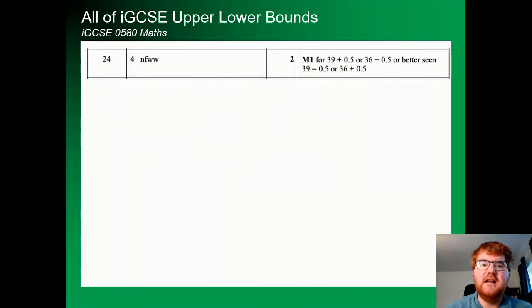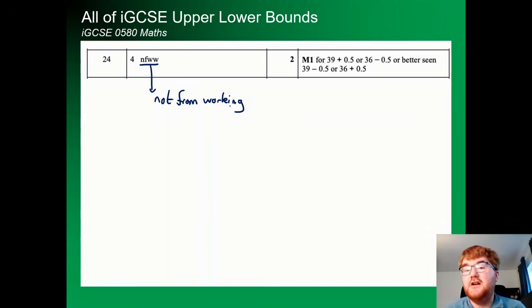Right, so you can see the answer there. And notice we've got the NFWW, which we don't see that often. So this has to be not from working. Basically you need to have the working that supports this particular answer. You can't just write down the answer, boom. You need to show how you've got to that.